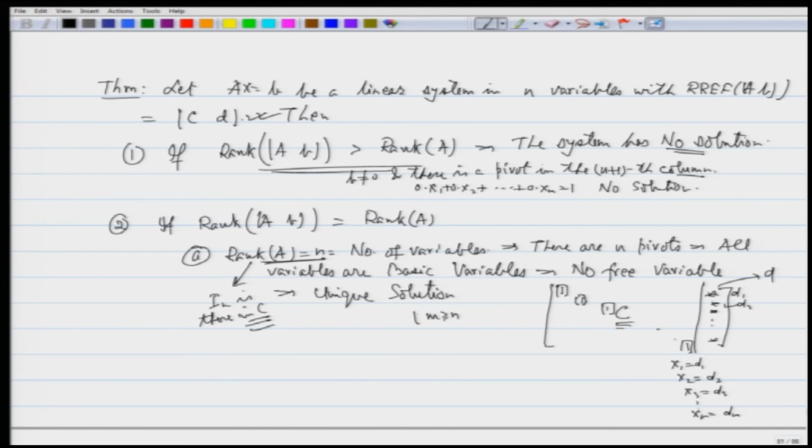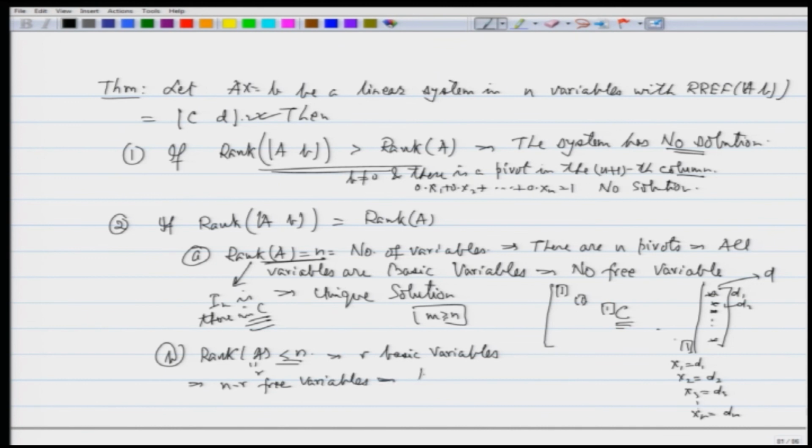So, that we are not saying, but since we are saying rank of A is n, that implies that part, all right. The B part of this is rank of A strictly less than n. Suppose this is R. So, this will imply that there are R basic variables and n minus R free variables.